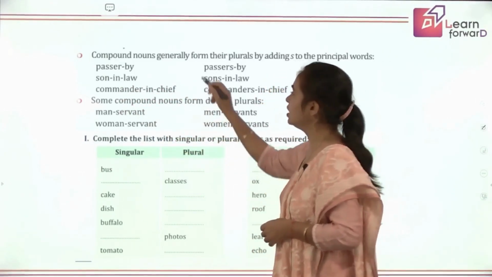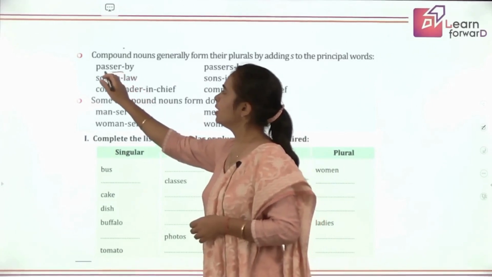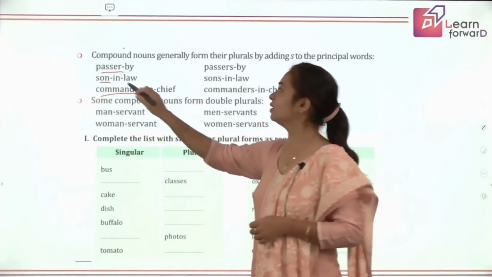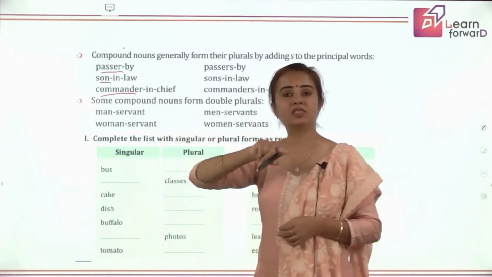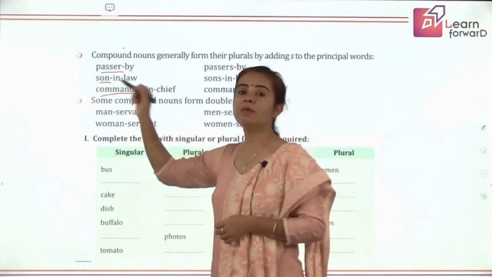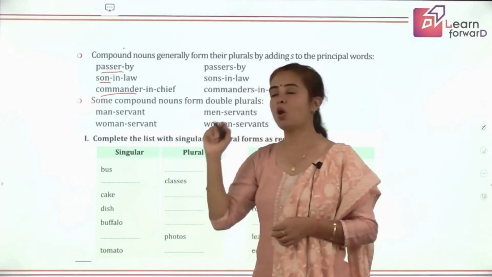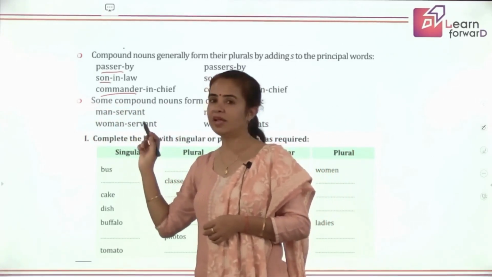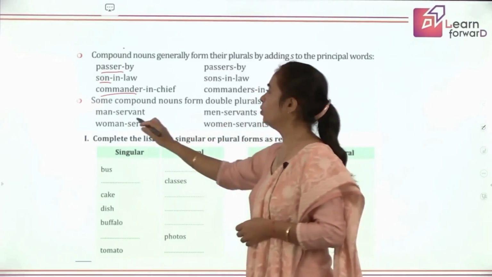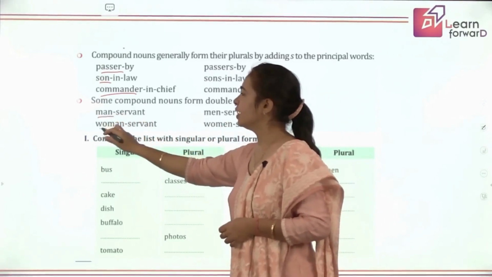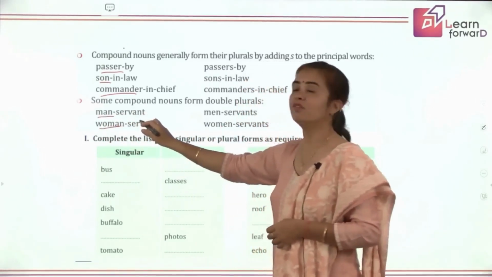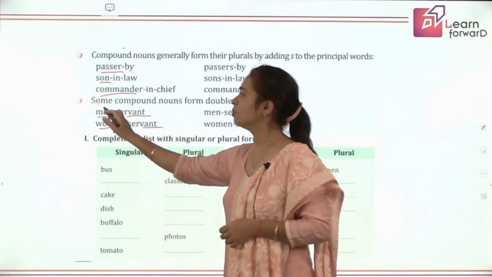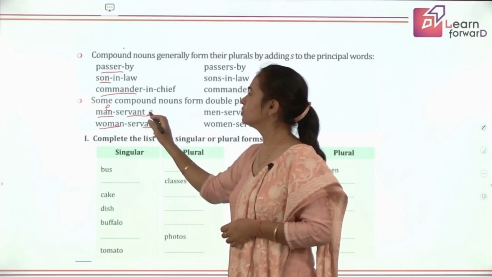So with these, we just make the first word plural and we get the plural noun. Like this will become passers-by. This will become sons-in-law, commanders-in-chief, right? With few compound nouns, we change both words, like manservant becomes, both of these will be changed. This becomes men and this becomes servants.